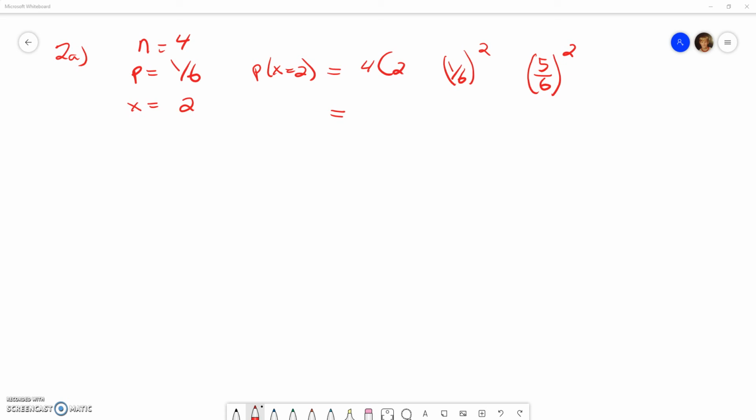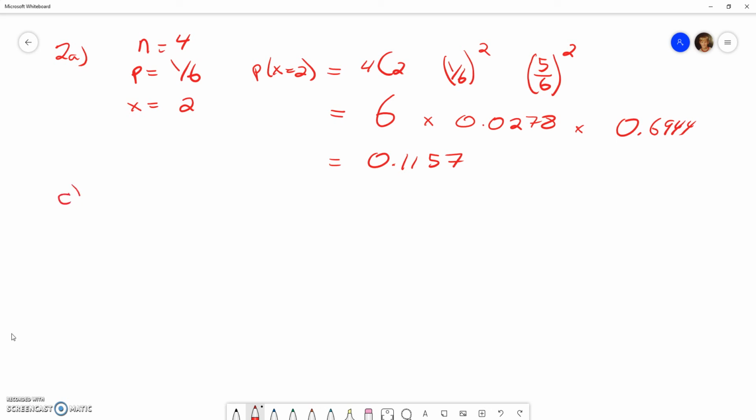Our numbers here will be 6 times 0.0278 times 0.6944. So total probability of 0.1157. So there's a 11.57% chance of 2 of the dice showing the number 3.